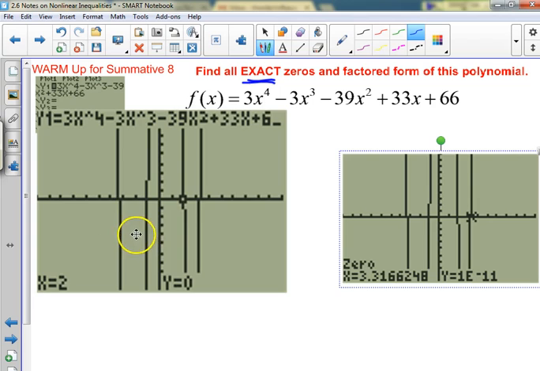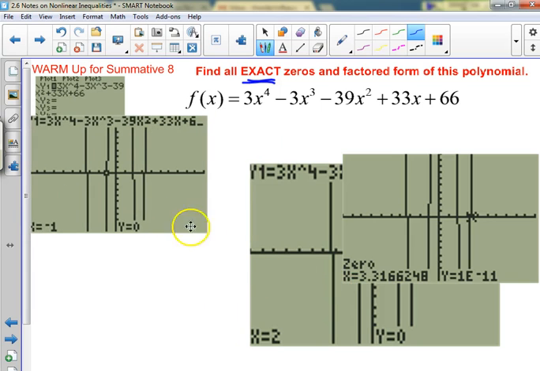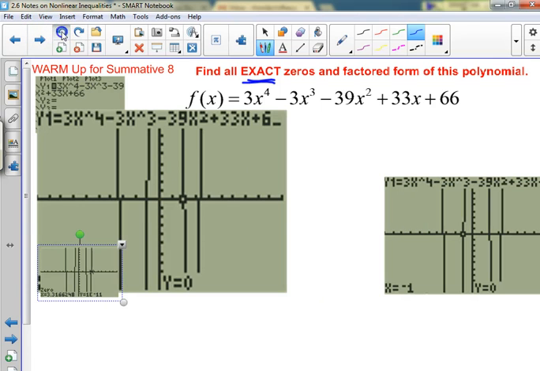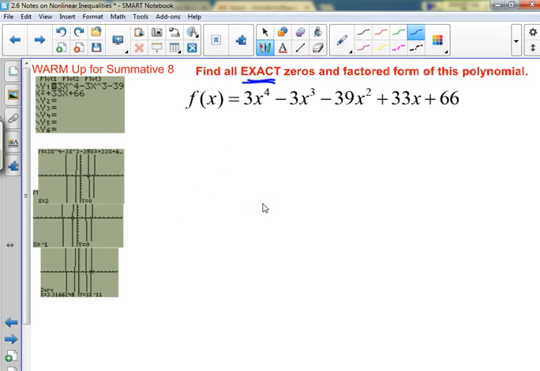So I had two nice ones though, so what could I do? I thought I heard someone. Synthetic division, okay? Let me see if I just go, will these all go back to being tiny over there? Yay. Okay. Does anybody remember what the two were that worked? One of them was 2: 3, -3, -39, +33, and 66.